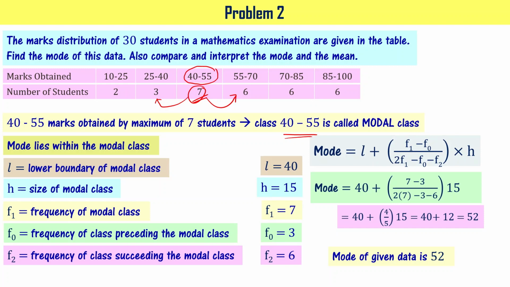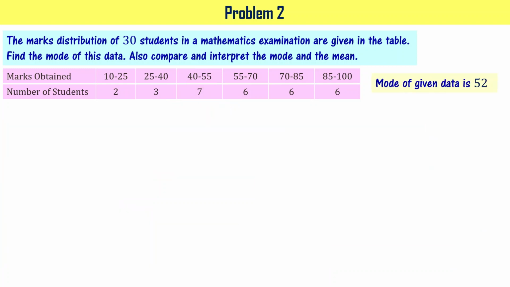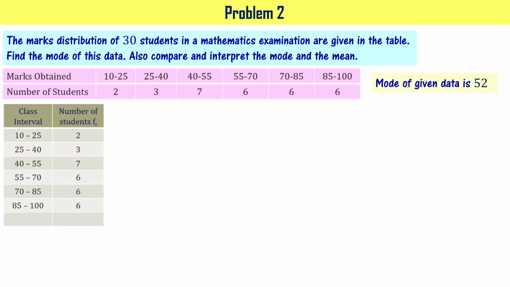Now let's find the mean. You may recall that we have already solved this particular problem. Quickly see the steps so that you can recall how to calculate the mean. We have fi and the class interval is given, so we have to get the class mark.